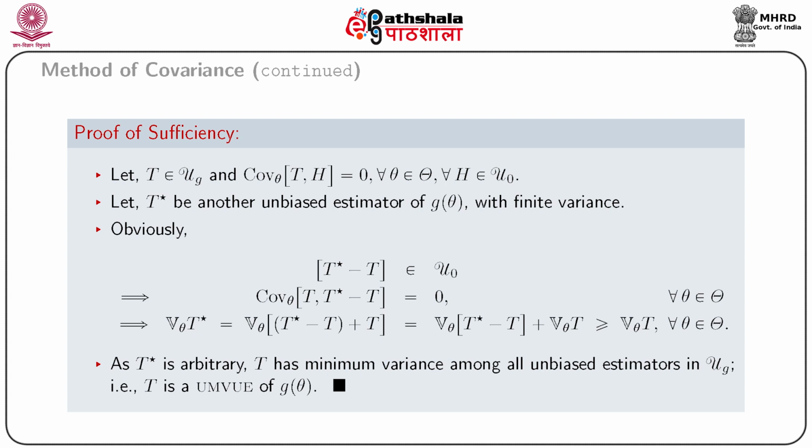Since variance of T star minus T is greater than or equal to 0, it follows that variance of T star is greater than or equal to variance of T for all theta. Since T star is arbitrary, T has the minimum variance among all unbiased estimators of g theta, that is, T is a UMVUE of g theta.